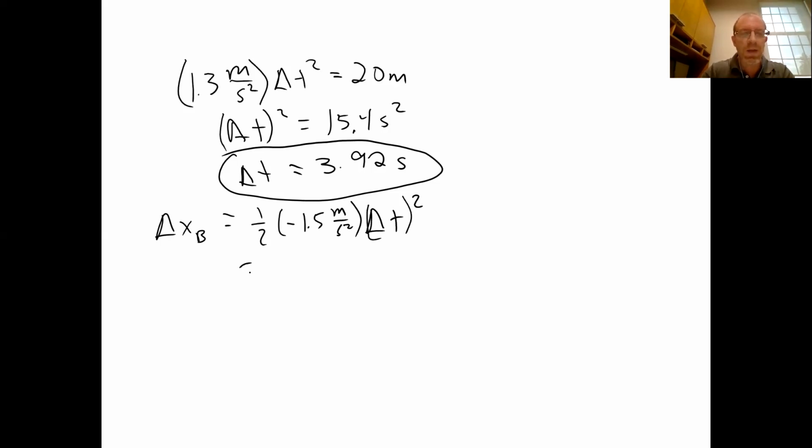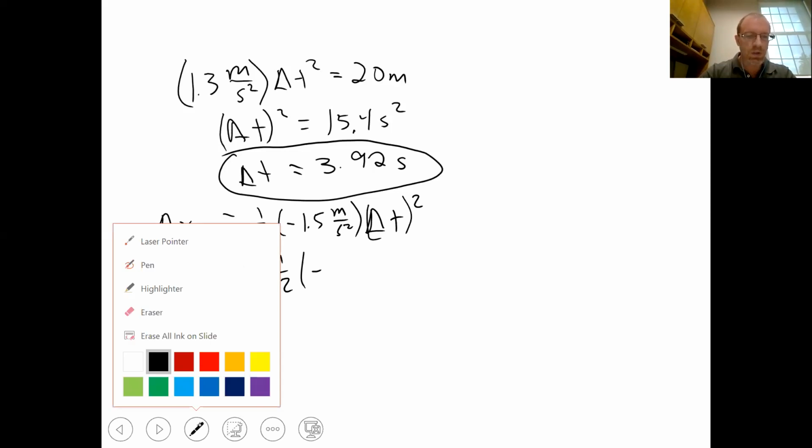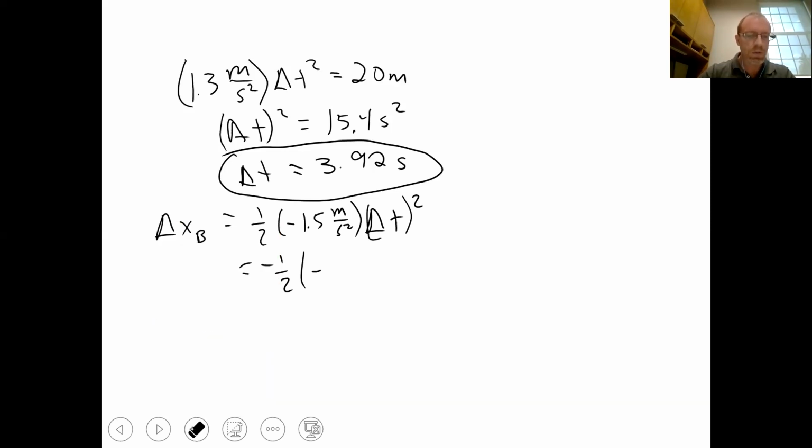And then stick in that value, negative 1/2 times negative 1.5. Well, where'd the negative 1/2 come from? Oh, that's me. I just added that in. That's not so good. That negative sign should not be on the front of there. Whoops. Sorry. No extra charge for mistakes.